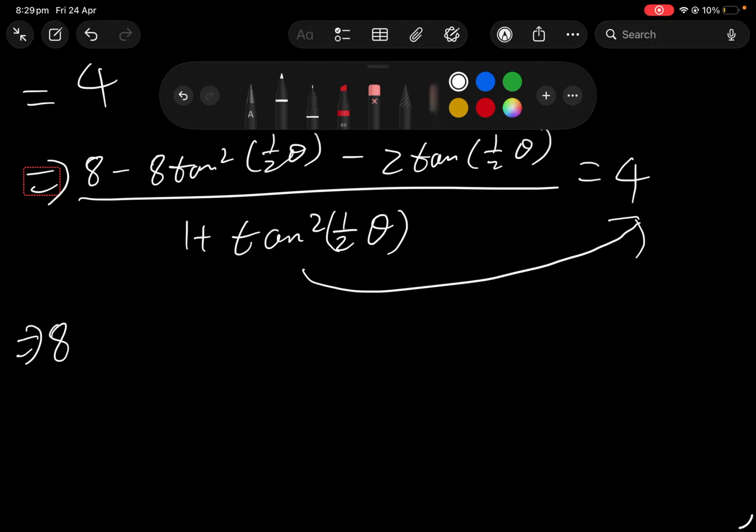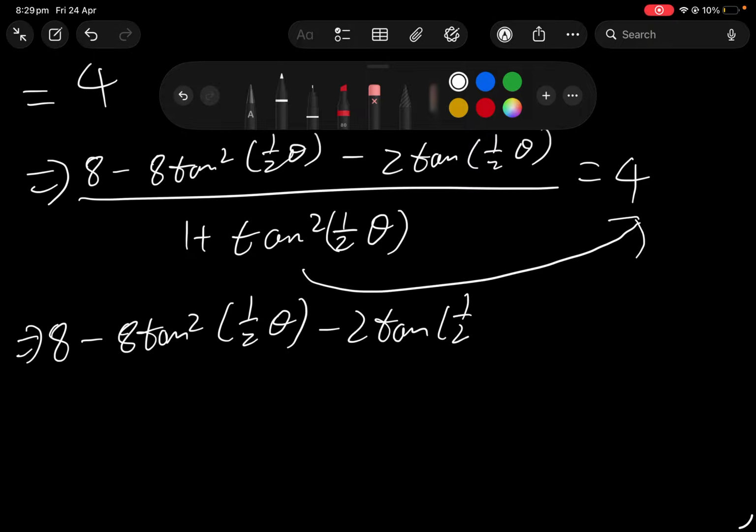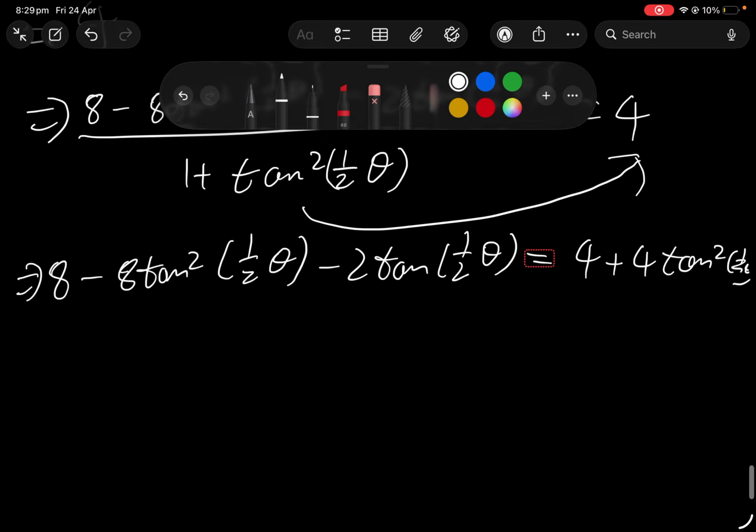So this just becomes 8 minus 8 tan squared a half theta take 2 tan a half theta, and this will equal to 4 plus 4 tan squared a half theta.